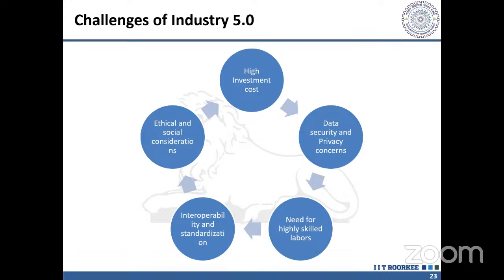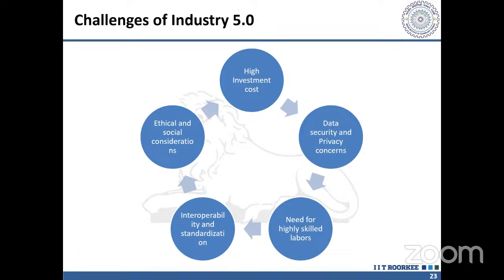Next is interoperability and standardization. It requires different systems and technologies to work together seamlessly, which can be challenging due to differences in technology standards and protocols, which requires industry-wide collaboration and standardization efforts to ensure that the systems can interoperate.